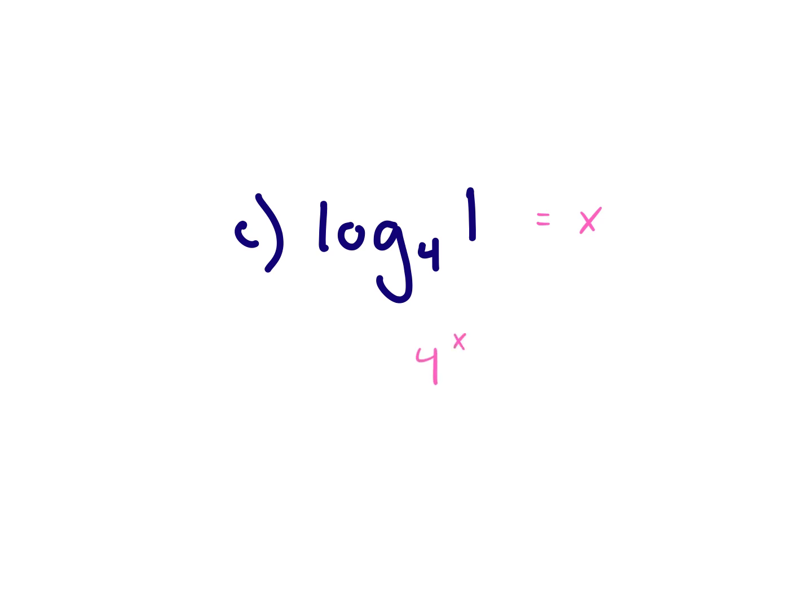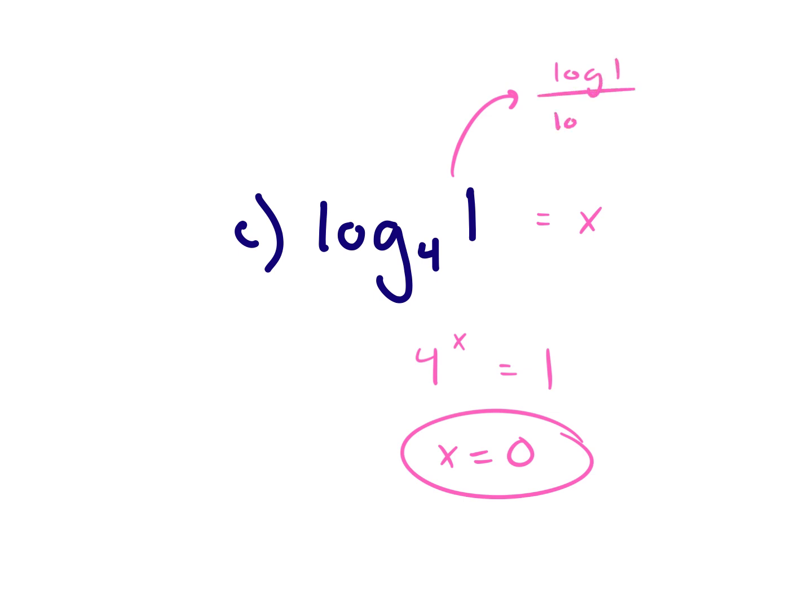So 4 to the power of x equals 1. So x would equal 0. Perfect. Anytime you take the log of 1, it's going to be 0. So if we wanted to do this using the change of base, we could have said log of 1 over log of 4. We know that log of 1 is going to be 0 over, it doesn't matter what log of 4 is, because when we divide 0 by anything, we'd get 0. So you can think about it either way.